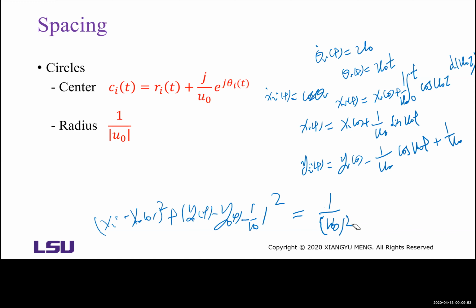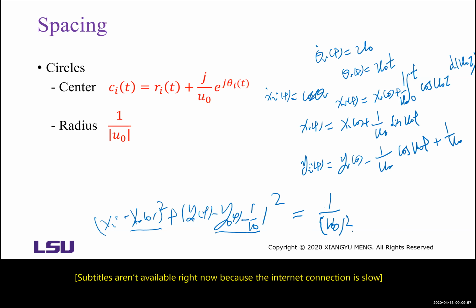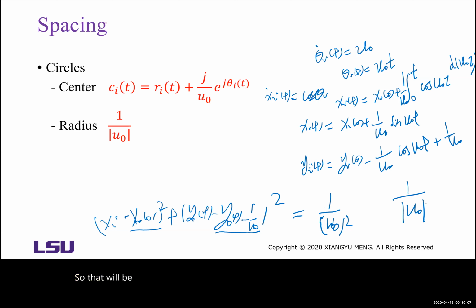Then you know it's a circle, okay? This is the center. So that should be the circle. The radius is 1 over the absolute value of u0.